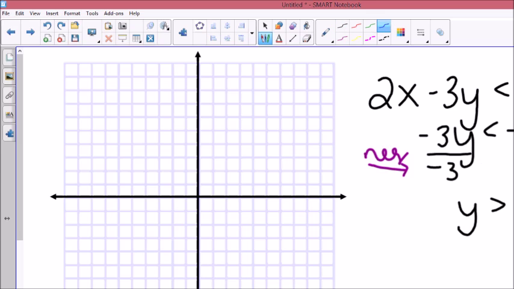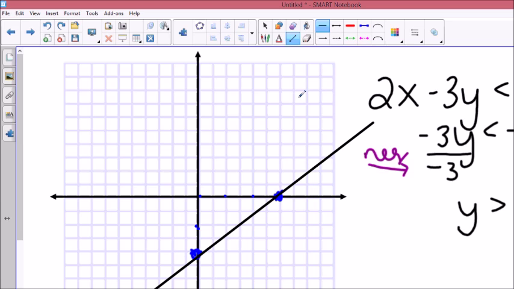Therefore, when we go to draw a graph of this line, we're going to go down 2 steps on the y-axis to get a y-intercept of -2. The slope says we're going to go up 2 and to the right 3. And there's our other point on the line.